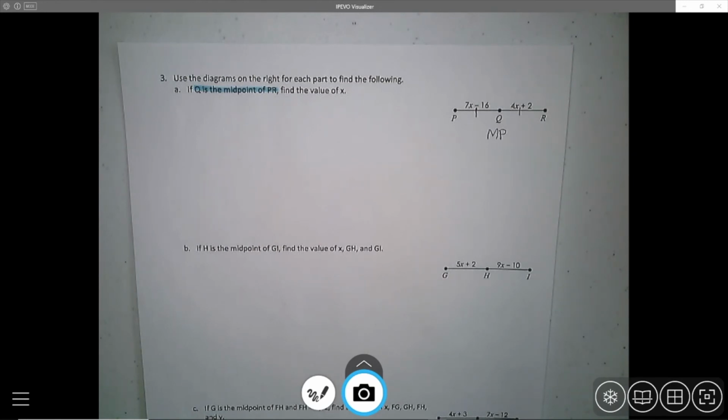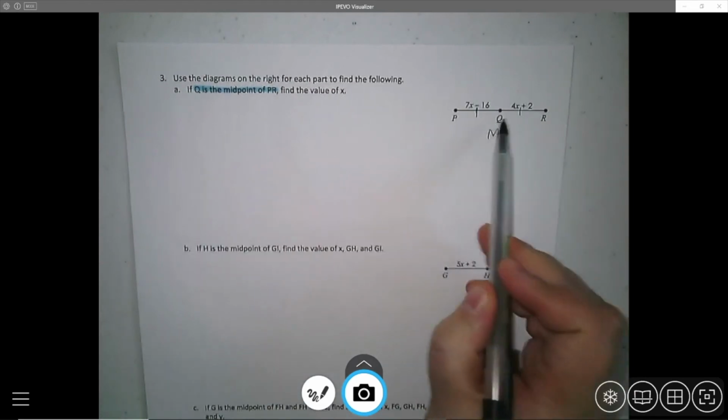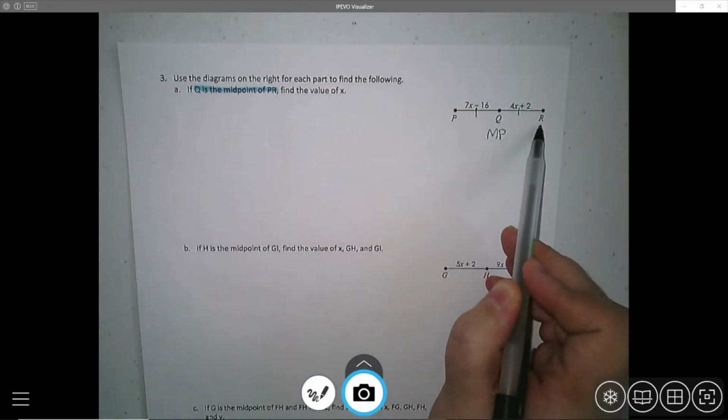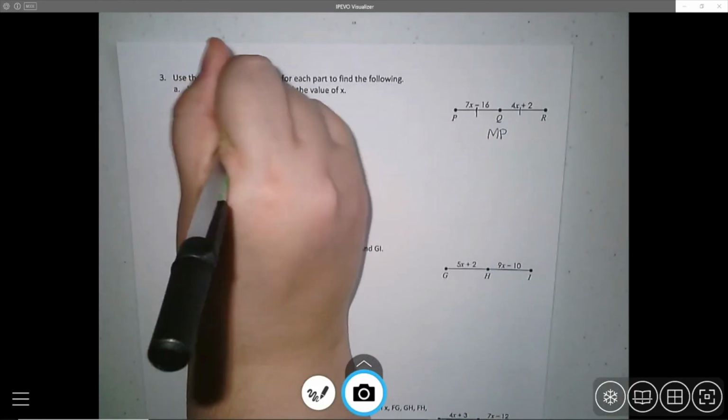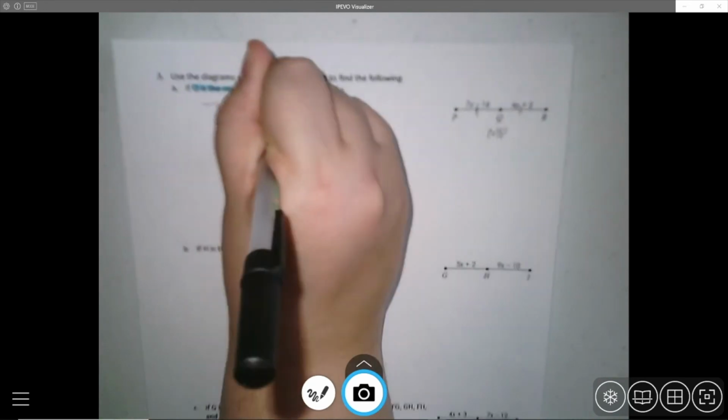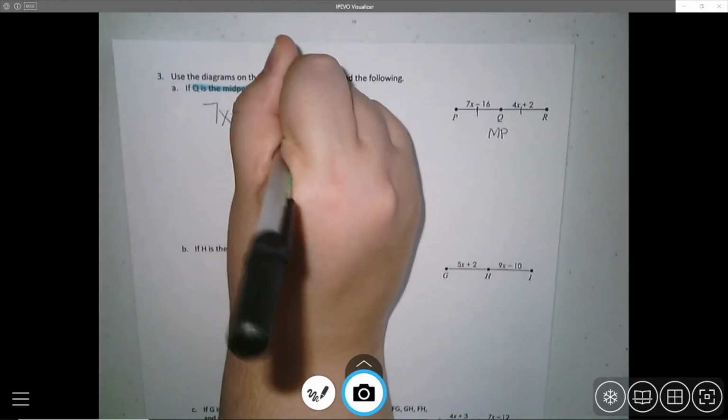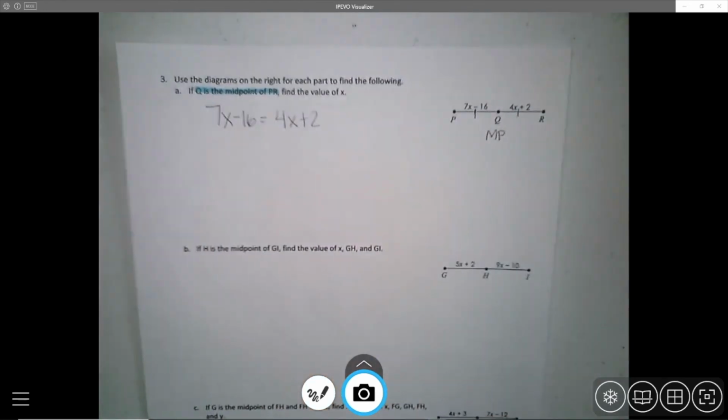Here in this first problem they want me to find the value of x. If pieces of information are the same, they are congruent. Congruent or same pieces of information are set equal. So since I know PQ and QR both have a tick mark, they are congruent. To solve for x, I just set those congruent or equal pieces equal to one another.